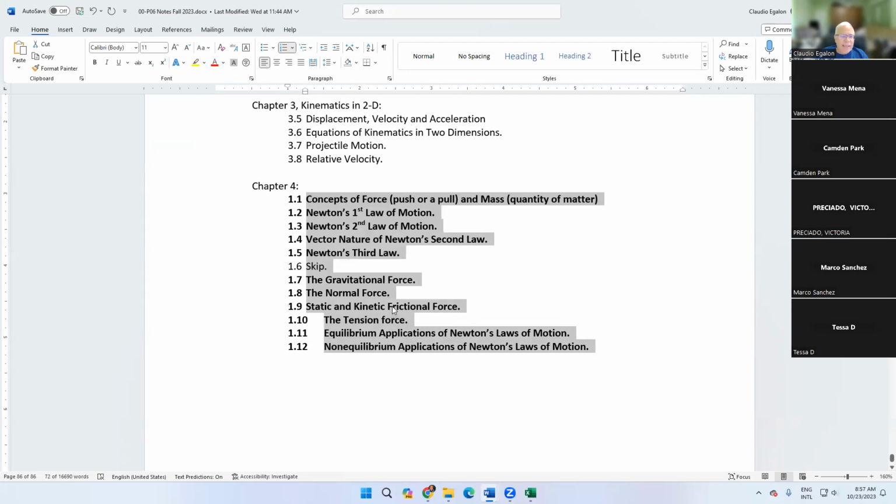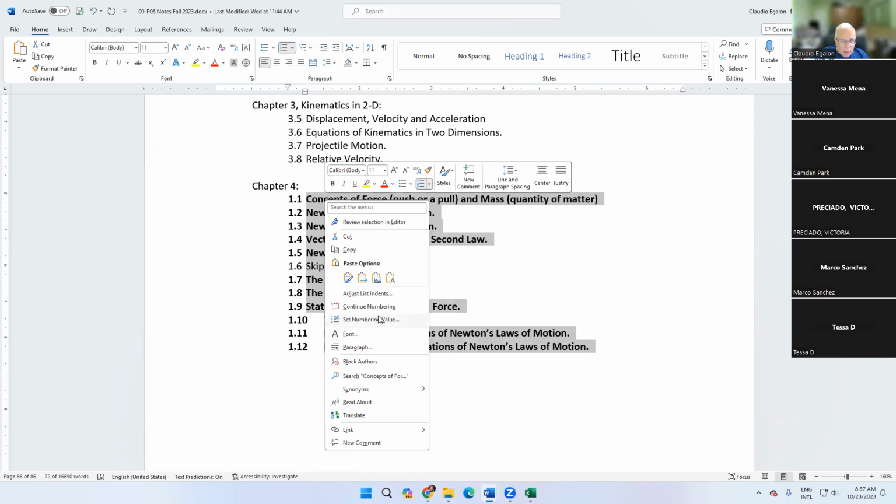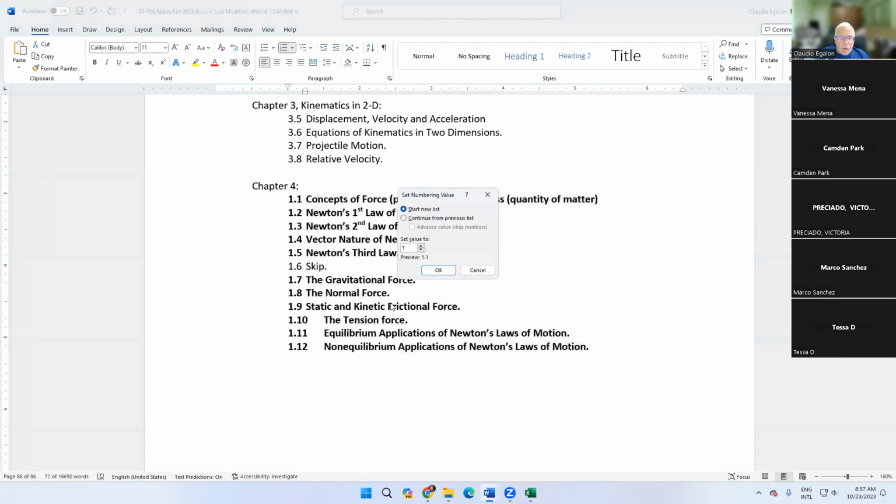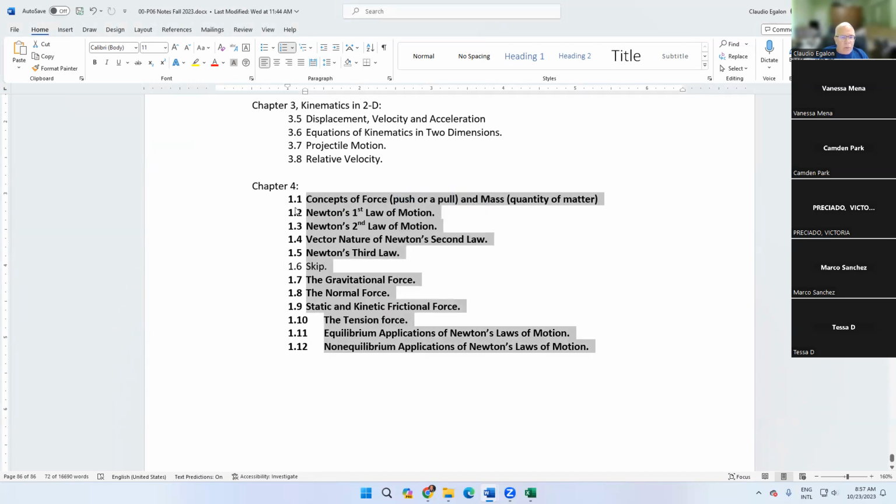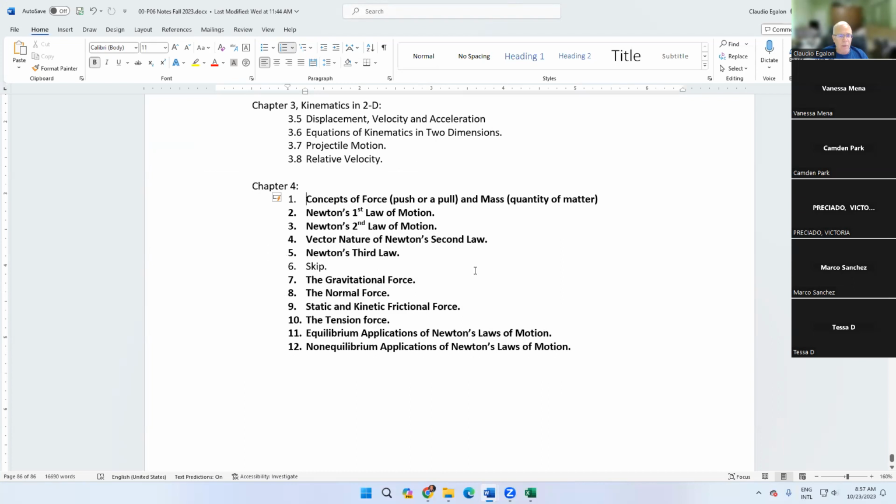We start at 1. Nah, I hate that. Set numbering value. Go. That's not what I want. I want 4.1 here. You know what? I'm just gonna put the section number here. Yeah, okay. So now we have it.